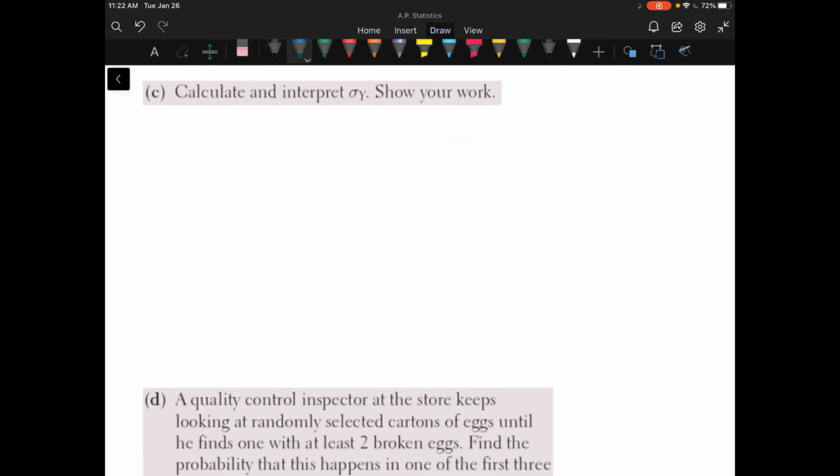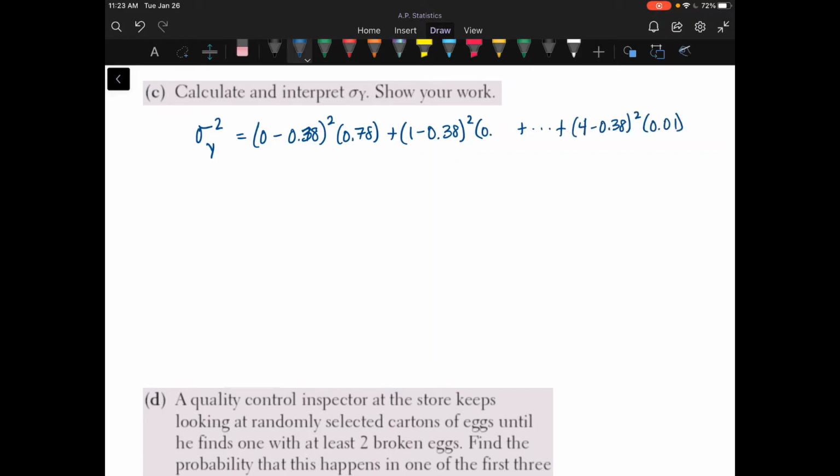Next, we'll calculate and interpret the standard deviation of y. And we get to show our work, right? So again, when calculating our standard deviation, we'll first do the variance, right? And we'll imagine that this here has all the rest of my calculations, and we get 0.6756.